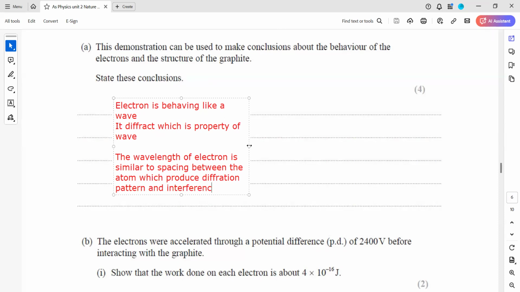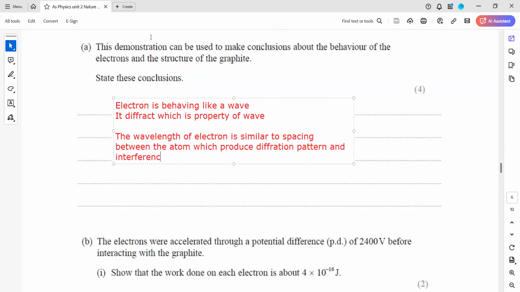Is it clear that in diffraction, the electron acts like a wave instead of acting like a particle?